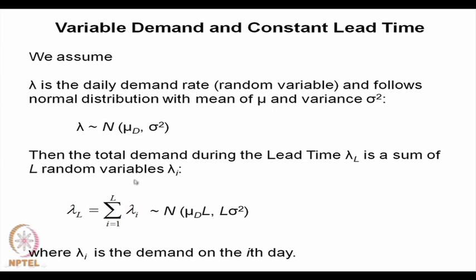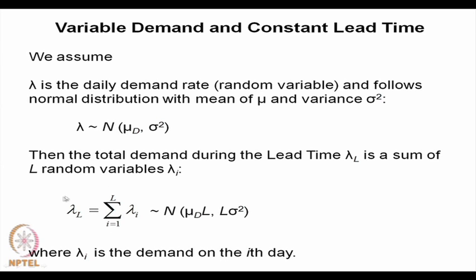and the mean of such a random variable lambda L, which is the sum of L random variables, is L times mu d. The mean mu d plus mu d plus mu d, L times, and variances are also added, sigma square plus sigma square plus sigma square, L times, because there are L number of such random variables that are added.